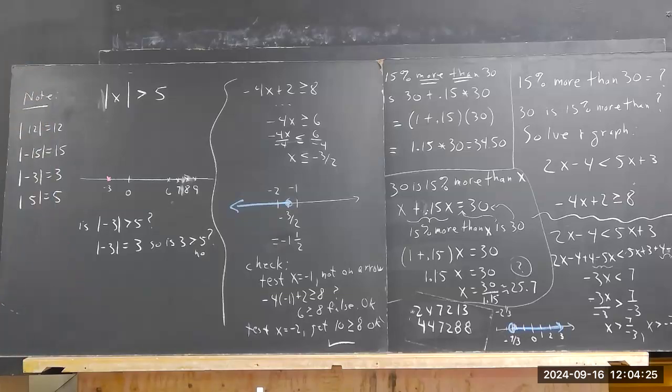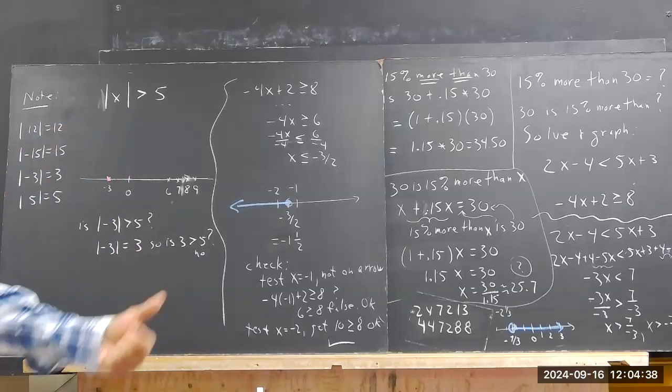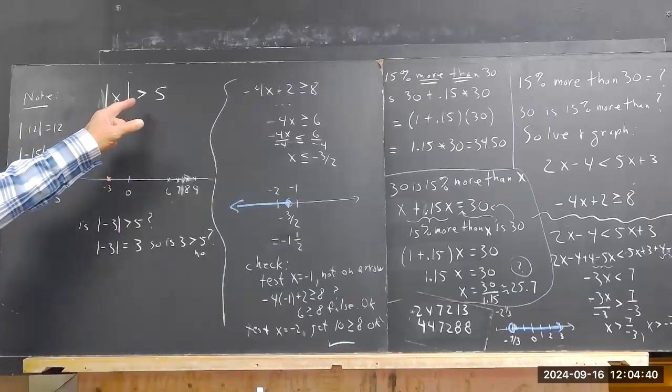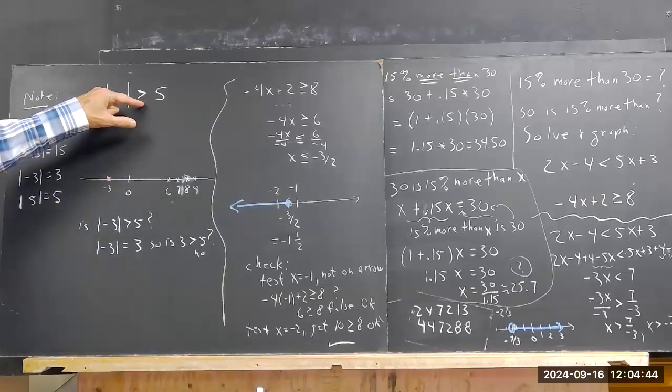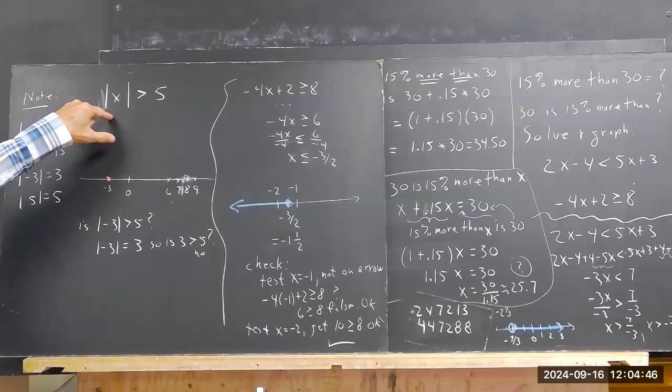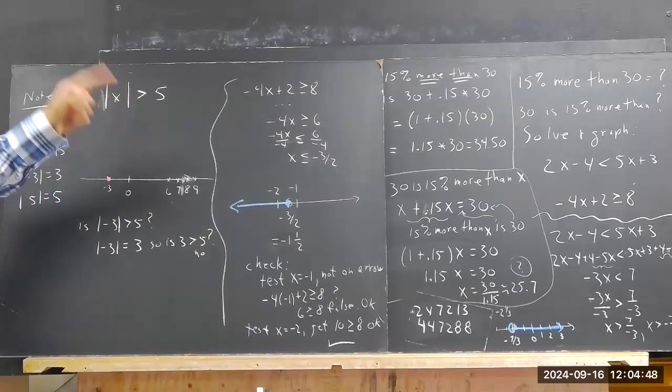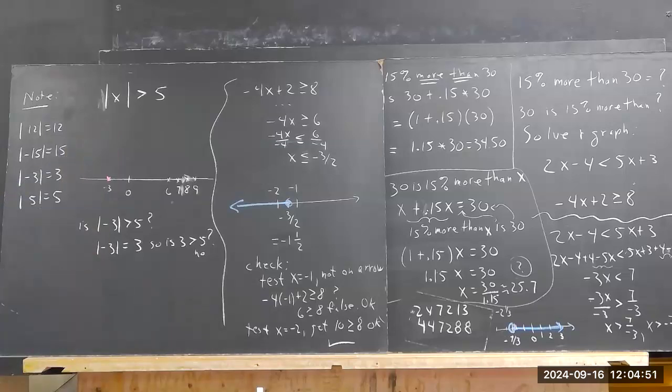Go ahead. Not you're saying -5, but -5 is close because the absolute value of -5 would be 5, right? 5 isn't bigger than 5, 5 is equal to 5. If this is a greater than or equal sign, then you would include 5. Okay? So try again.